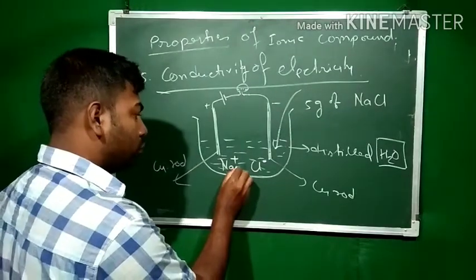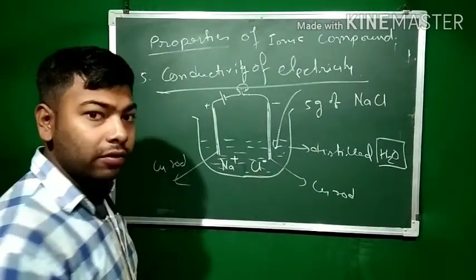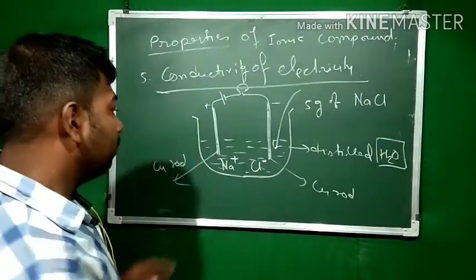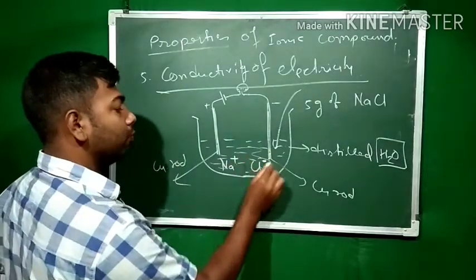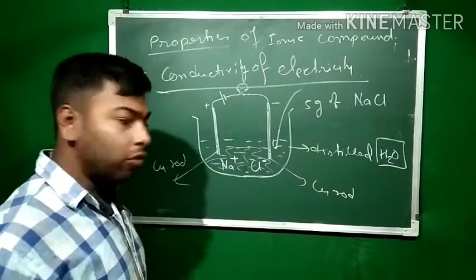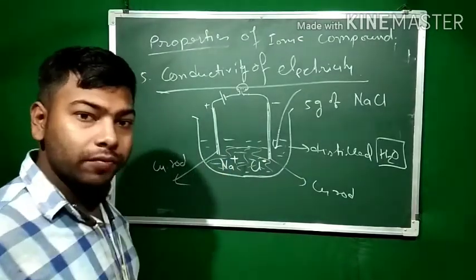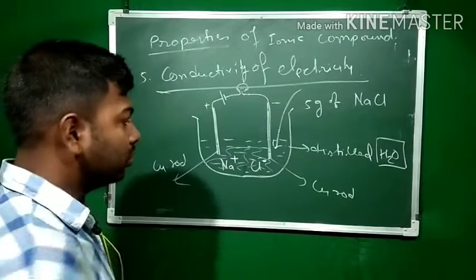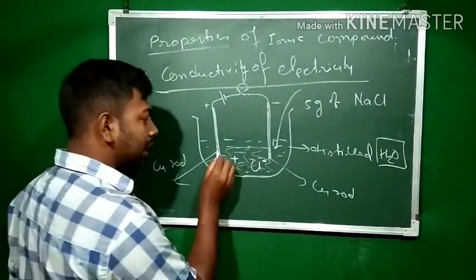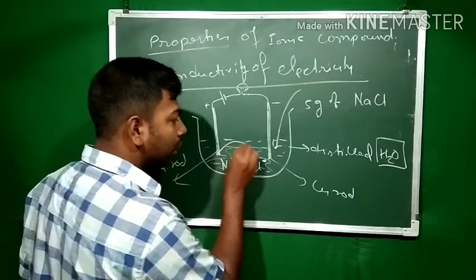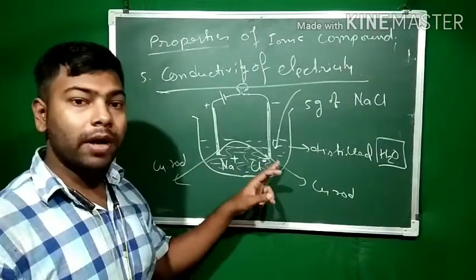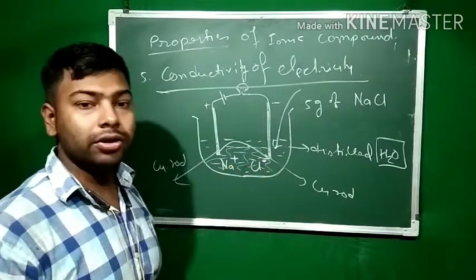These ions, having positive and negative charge respectively, move randomly throughout the solution. If they move, then obviously they can carry electrons from one electrode to the other.